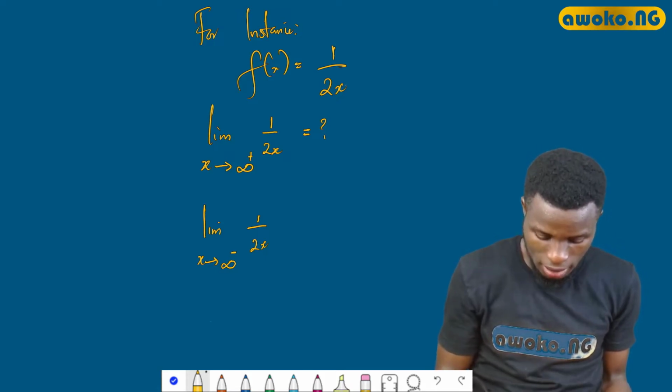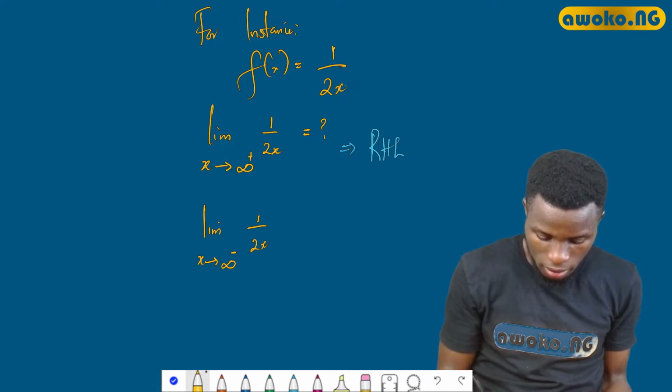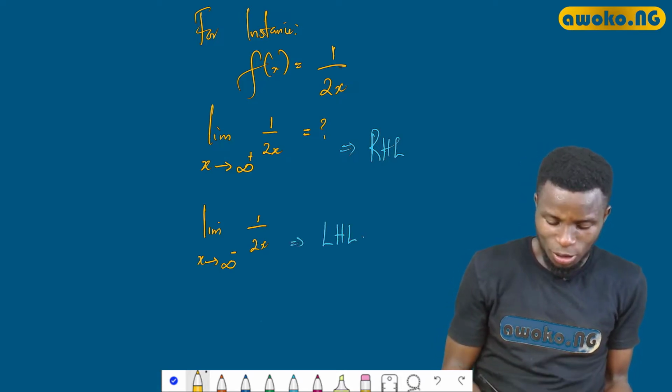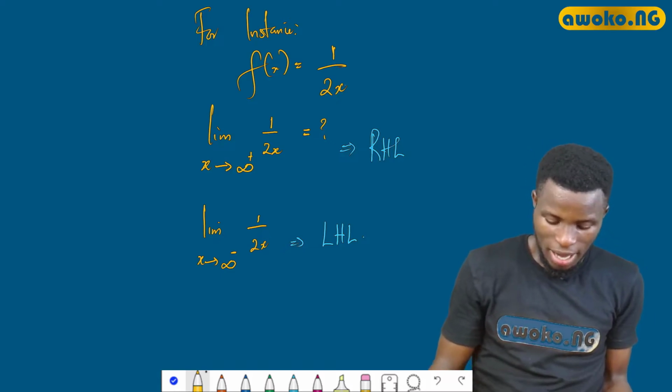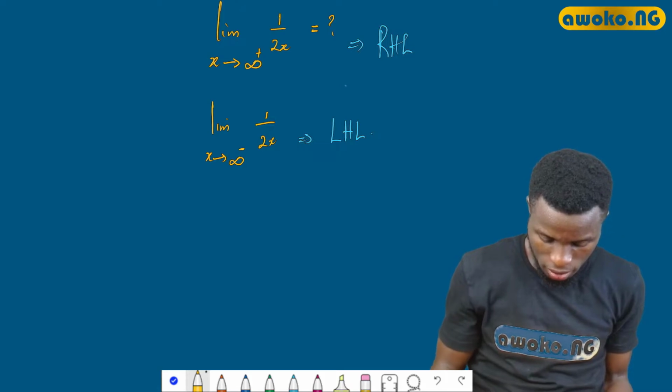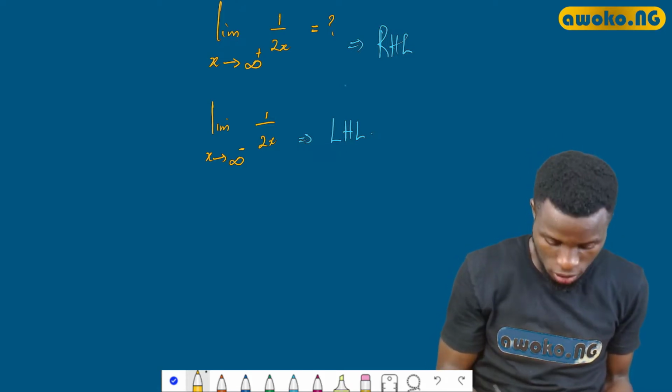So this is seen as the right hand limit, while this is seen as the left hand limit. So we want to check, like we did in the first case. Let us draw a table to illustrate it.